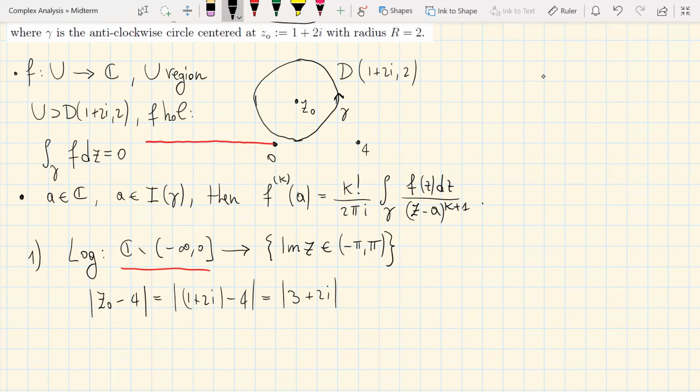And this is clearly bigger than 2, because this is the square root of 9 plus 4, the square root of 13, which is bigger than 2. So this means that 4 is not in the disk.